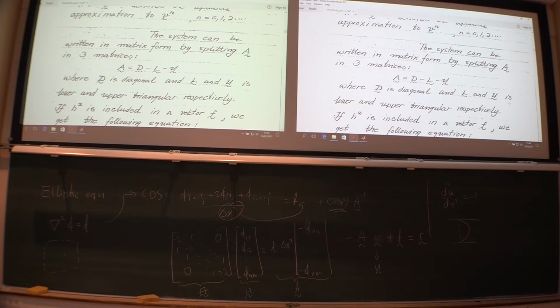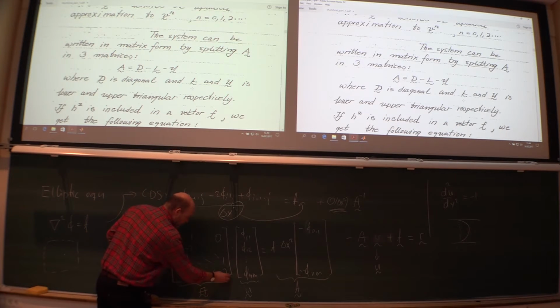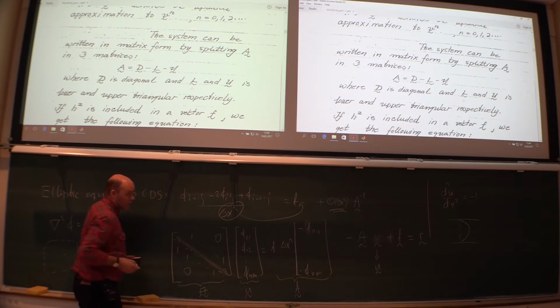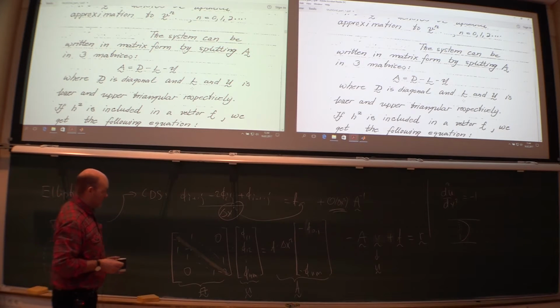And the way you can differ between Jacobi and Gauss-Seidel, you split your coefficient matrix into the diagonal and then the lower and upper triangle of the matrix. So here you have the diagonal. That's the D matrix then.